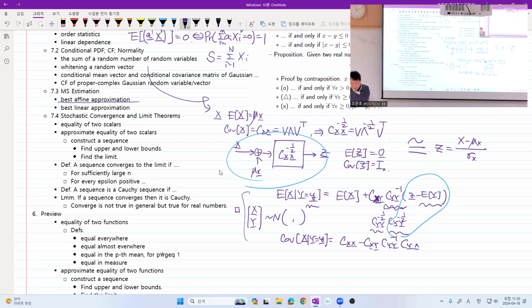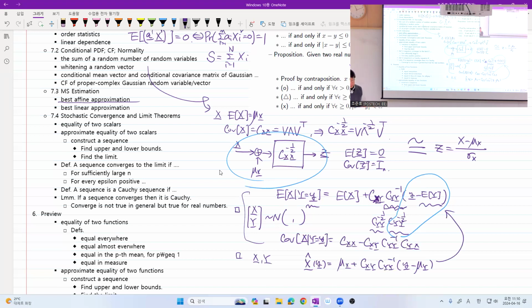form as this one. So when X and Y are jointly distributed, your best approximation of X as a function of Y equals what? The mean of X plus the covariance between X and Y, the inverse of the covariance matrix of Y, and Y minus mu Y. So you have the same form as this one.